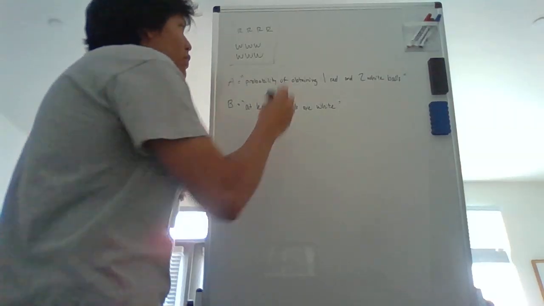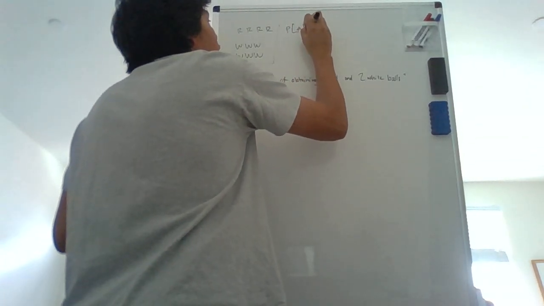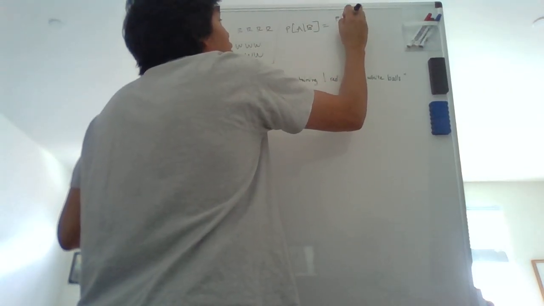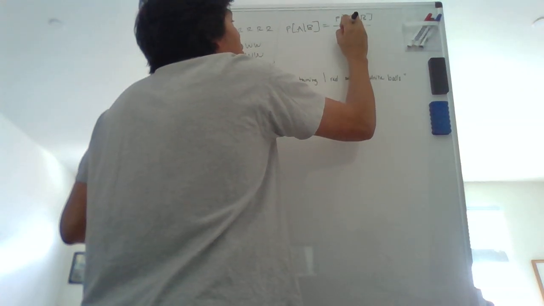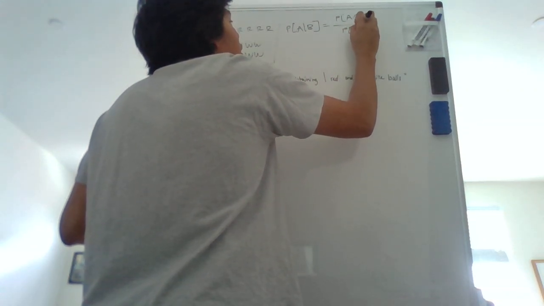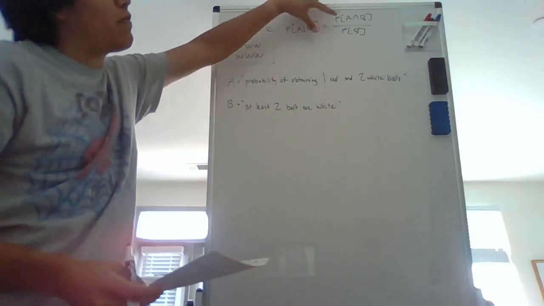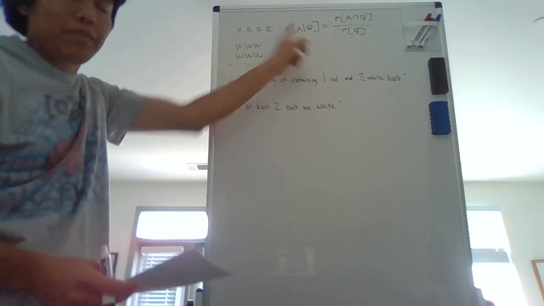So what we're trying to solve for is the probability of A given B, and remember this is equal to the probability of A intersect B over the probability of B. We have to solve for these 2 probabilities in order to find this one.